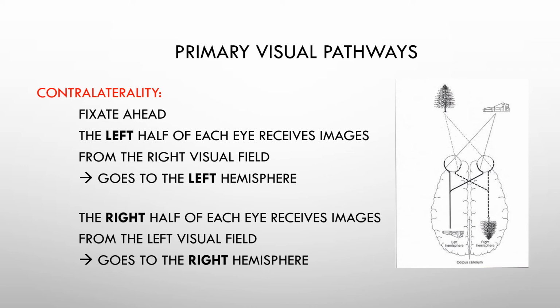That's to the same side, to the same hemisphere. But for the insides of each retina, I have to send that contralateral. I have to cross hemispheres, and we see that happening at this optic chiasm. So the optic chiasm is right where that X is, where the solid line is passing through the dashed line. And we have, for vision, this complicated contralaterality because it's about the visual field.